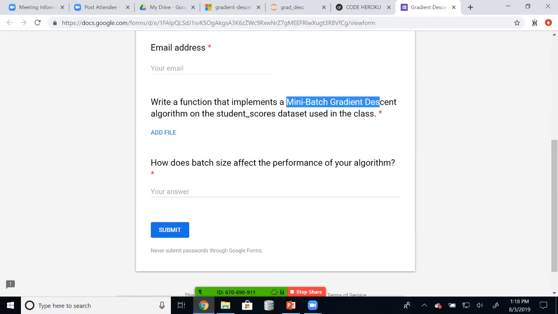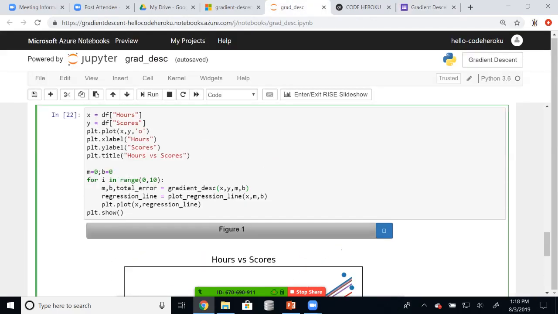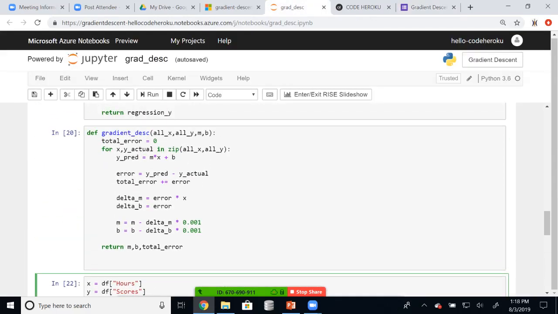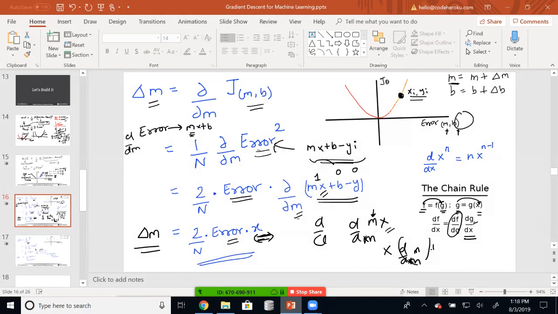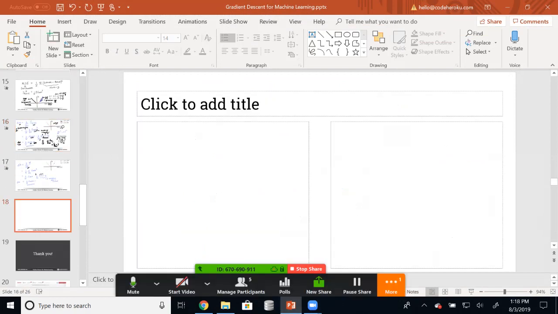So what's this mini batch gradient descent? The version of gradient descent that we have implemented right now is called stochastic gradient descent.